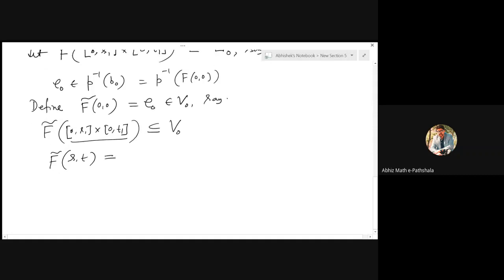Since it is a slice with respect to the covering map P from E to B, P restricted to V naught to U naught must be a homeomorphism. So with this argument, you can define f tilde of s comma t as P restricted to V naught inverse of f of s comma t, right?